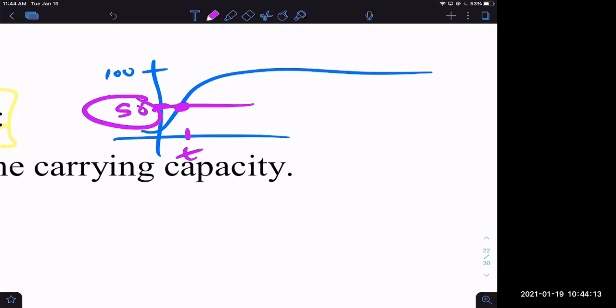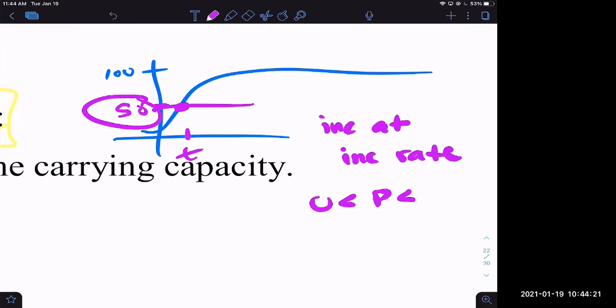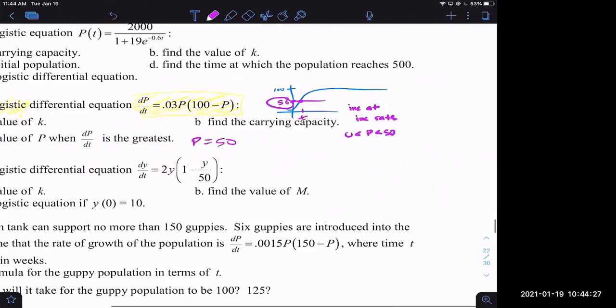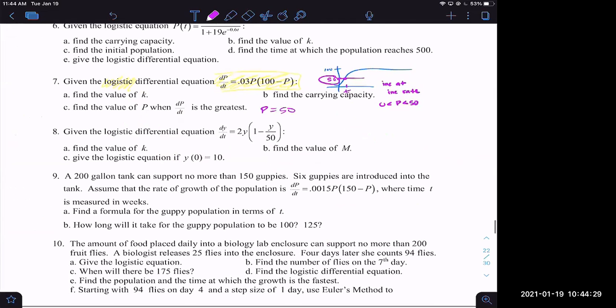Good, below 50. So between 0 and 50. They could ask you various questions like that, but they're always going to be pretty straightforward.